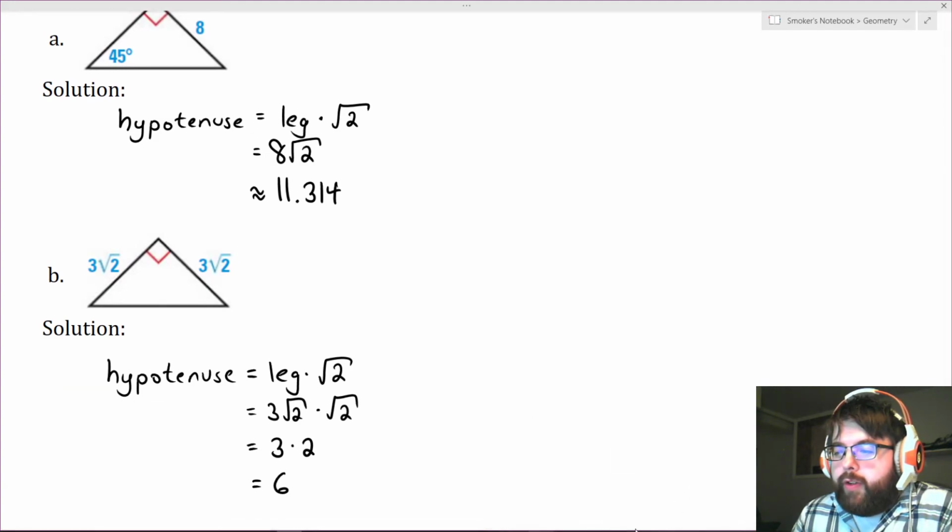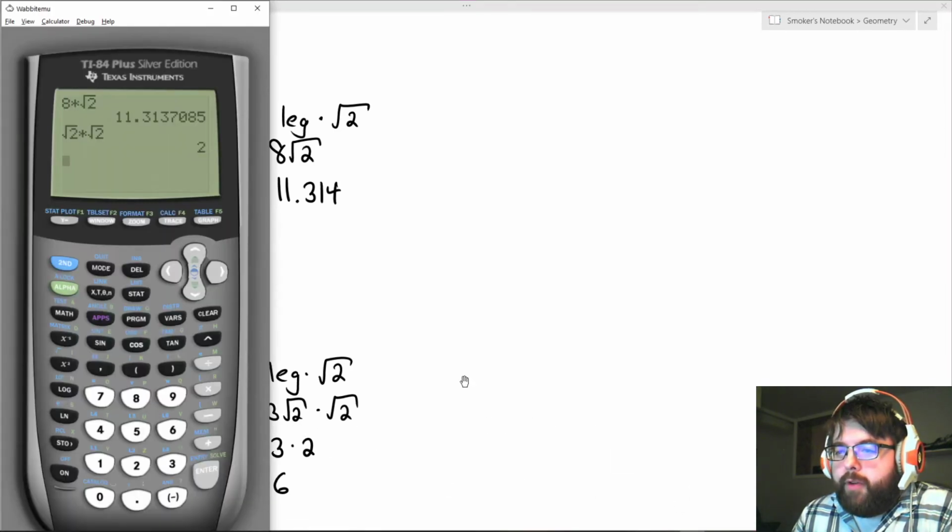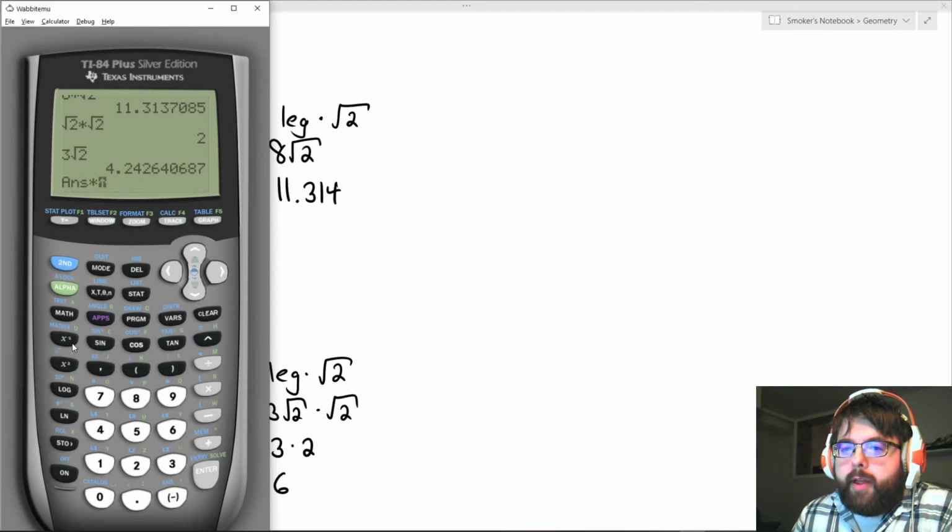Now, just so you know, if you didn't do that, that's fine. If you went through the process of 3 times root 2, I found what that is, that's that long decimal. I'm going to take that answer, and I'm going to multiply that by root 2.